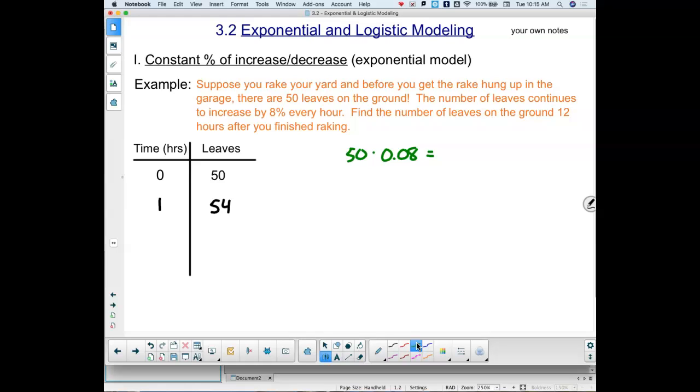But then you had to add back the original 50 that were on the ground. So that's how you got 54. That's one way of doing it. The other way that we had already said was we could have done 50 times 1.08 and gotten 54, because that automatically adds in that 50.